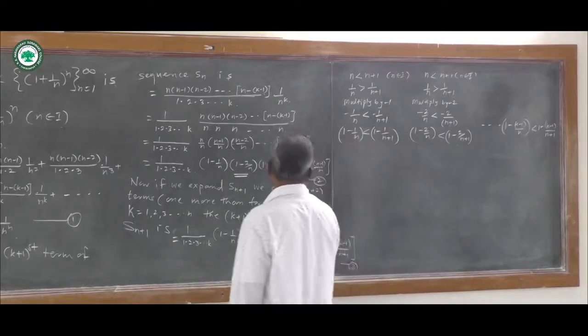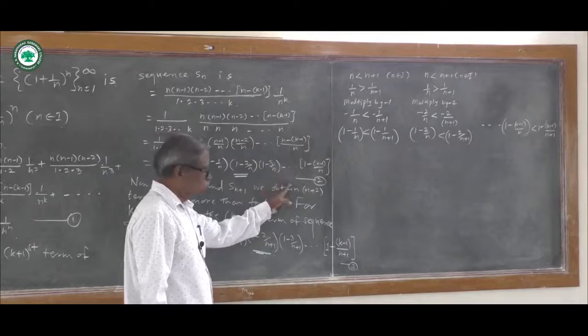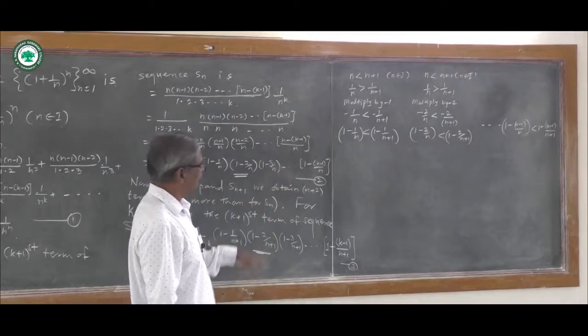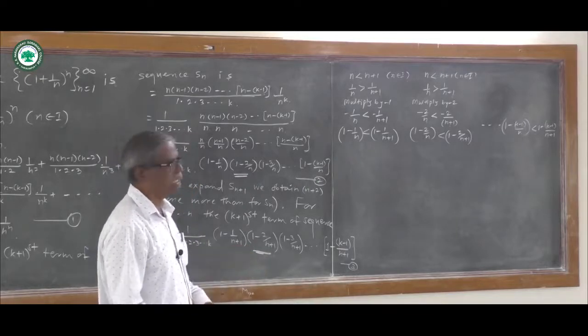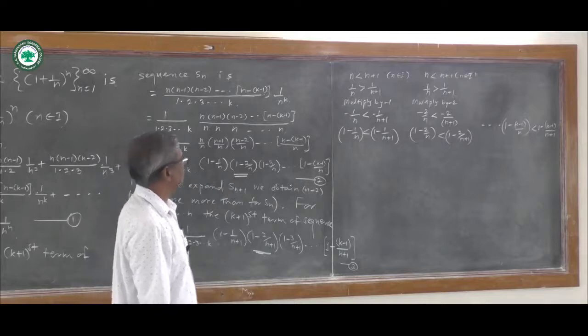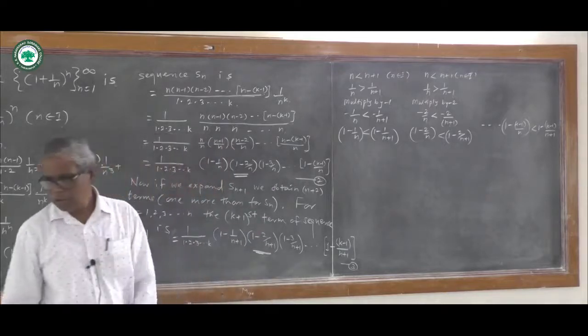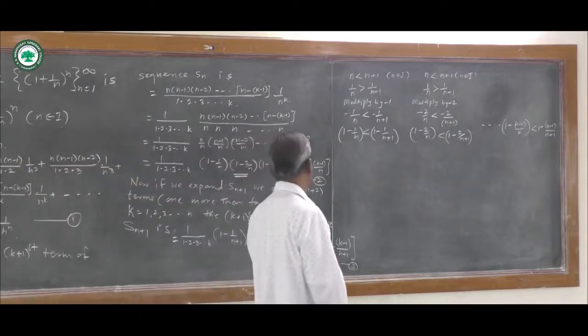Therefore, each bracket in 2 is less than, strictly less than, the corresponding bracket in 3. Every bracket in 2 is less than or equal to the corresponding bracket in 3.